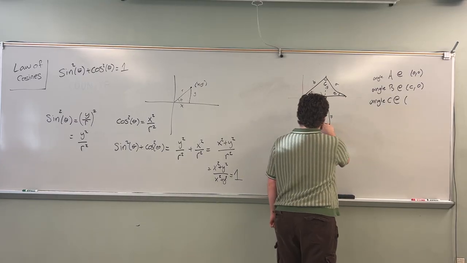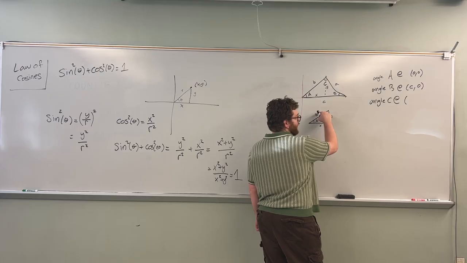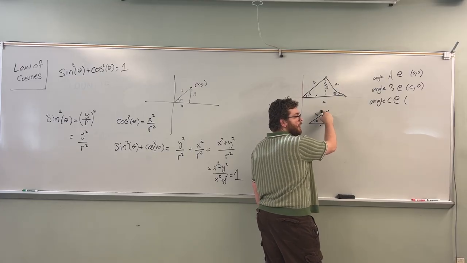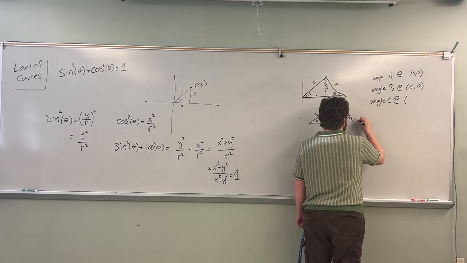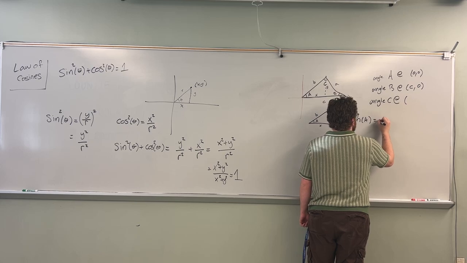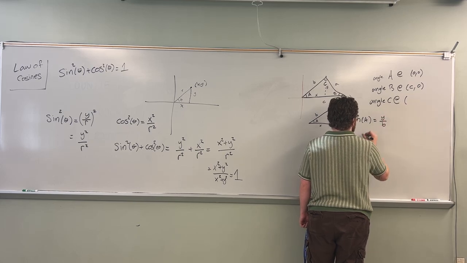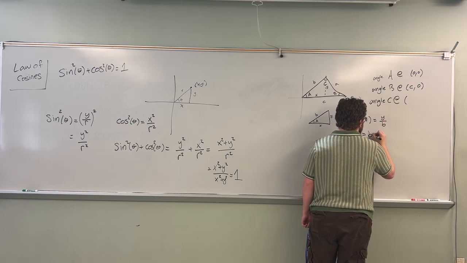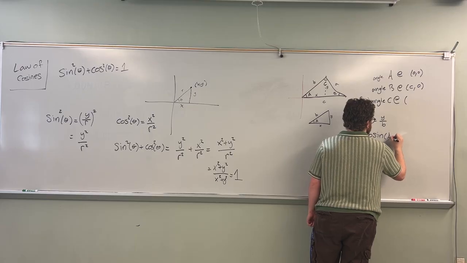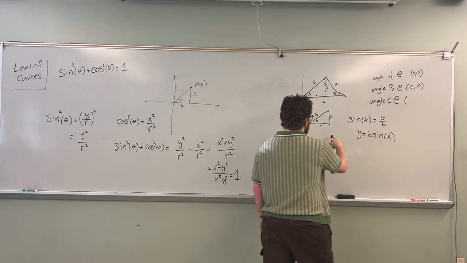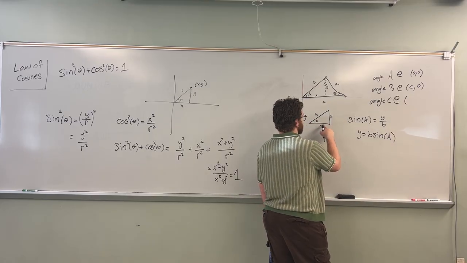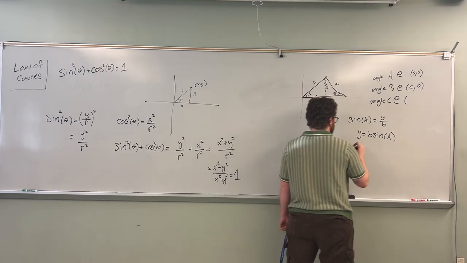I want to relate this angle with y and the hypotenuse. Opposite over hypotenuse is sine. So I have sine of A equals y over B, or y equals B sine A. And then x is going to be cosine, because it's adjacent with hypotenuse.